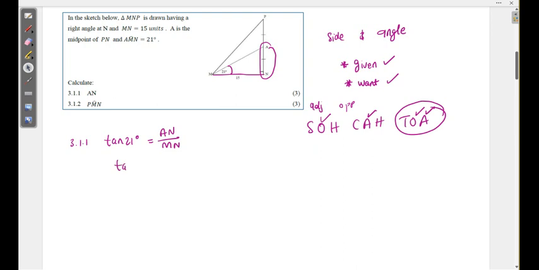Now AN is not given, however MN is given as 15. Then from here, good people, you cross multiply. You write this as over 1, then you say 1 times AN is going to be AN, right? And then 15 times that will be 15 times tan 21 degrees. Then you put that in your calculator. How much do you get?